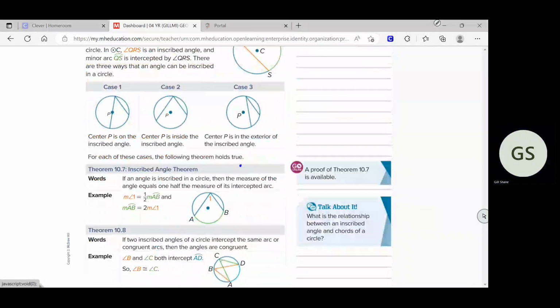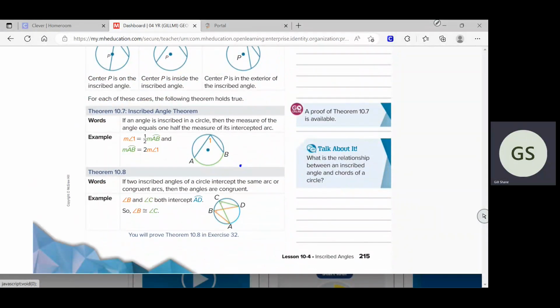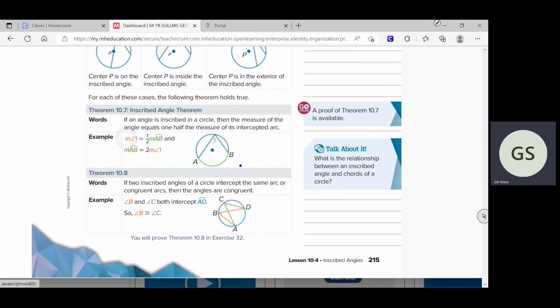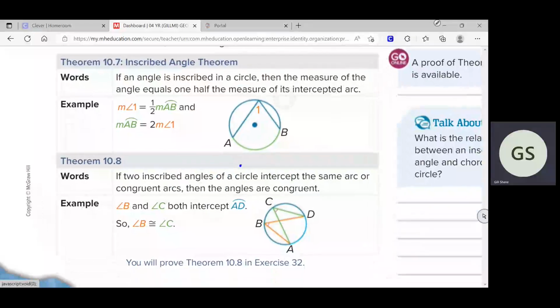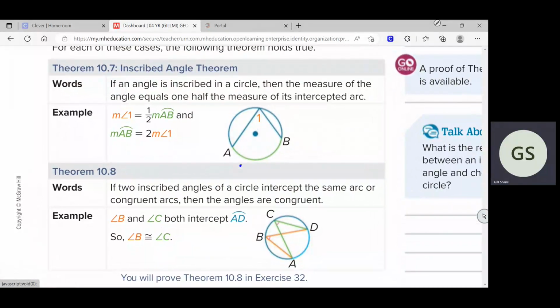So this does come into play. Actually, this is probably the most important thing. When you have an inscribed angle, we said the measure of a central angle is the same as the measure of the arc.